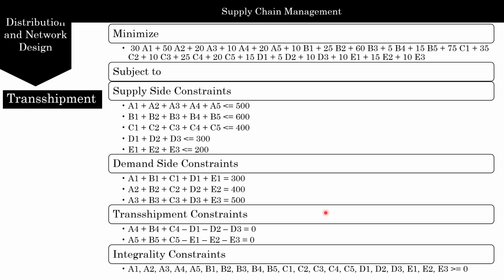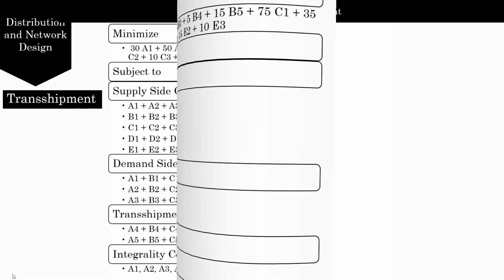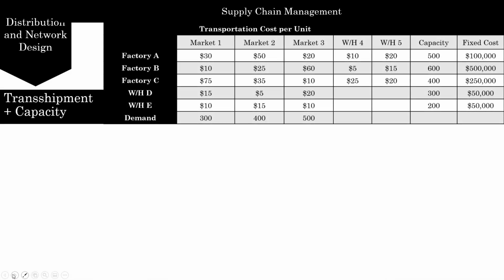So the next problem, of course, is transshipment with capacity. And in transshipment with capacity, you essentially are adding a fixed cost. That is, these factories are not created, these warehouses are not there. If you are going to create a warehouse, you incur a fixed cost of $50,000 each, and then here are the fixed costs for factories.